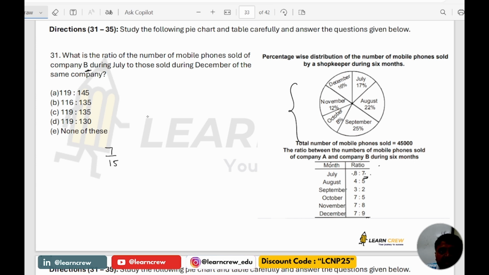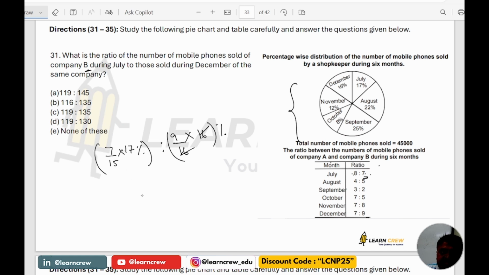7 by 15 of July, which is 17 percent. And what about December? December B is 9 by 16 of 16 percent. Now 16 and 16 cancel.